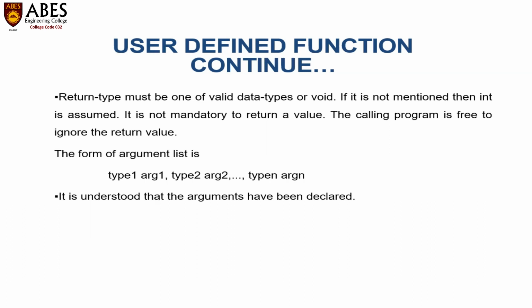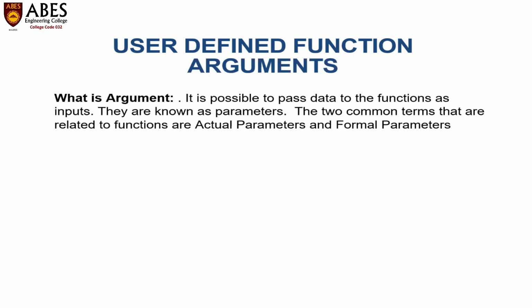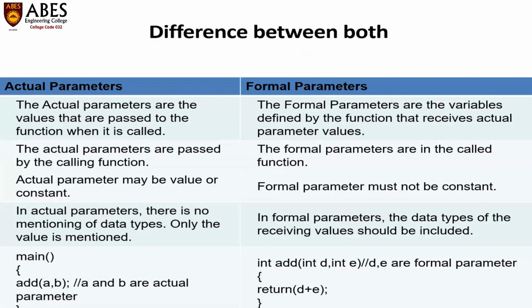Here, the function returns the value to whoever called it. When the function is called by some caller, that is called the callee, so the definition will return the value after the calculation to that caller. So, what is the argument? There are two types of arguments: the actual argument and the formal argument. Actual arguments are whatever parameters are passed with the function call.